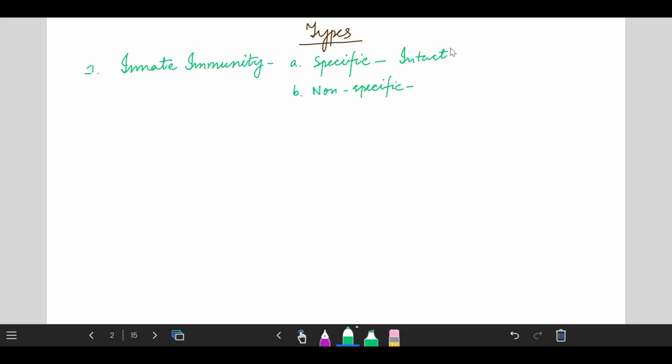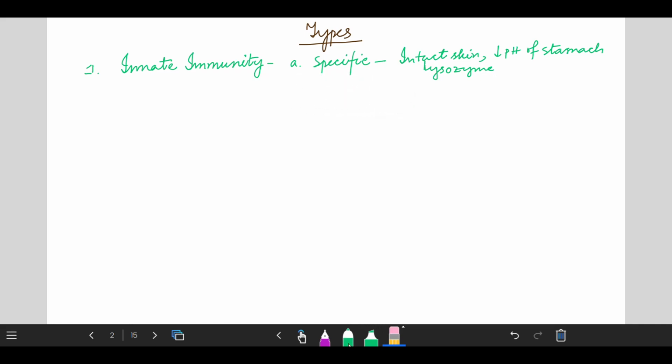Okay, intact skin, decreasing the pH of stomach, or it can be lysozyme. When they are involved in destroying the pathogens, these are innate immunity. Okay, specific type of innate immunity.